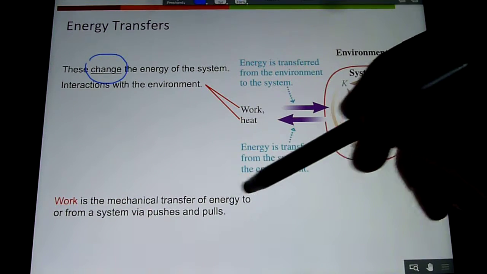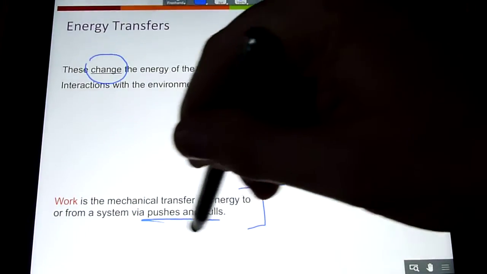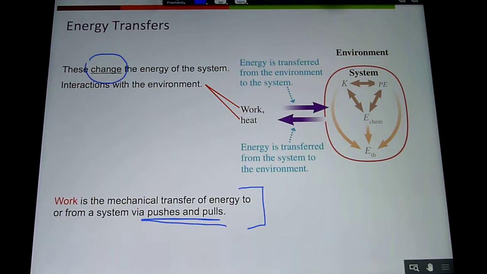So I am going to change the mechanical energy of my system by working on it, or I could change the thermal energy, I suppose. But work is a mechanical energy change. That means I am moving something. I am pushing or pulling. I am acting on that system via forces, and I am doing what's called work on our system.